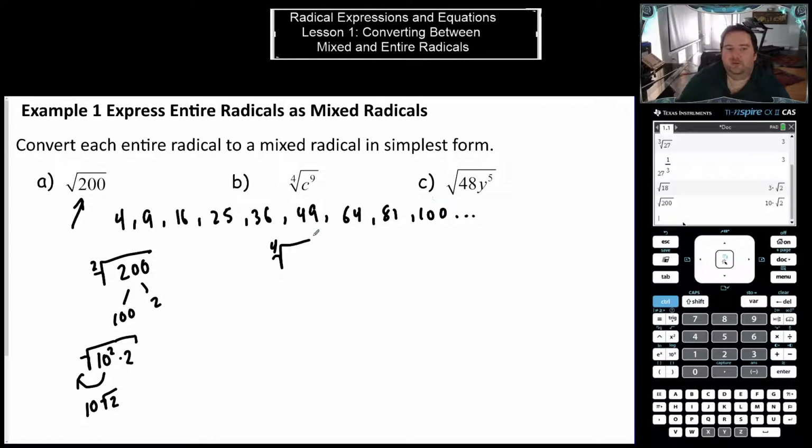If I have c to the power of 9, how could I break this down knowing that when I multiply them, they're going to add together? The way that I'm going to do that is I'm going to have c to the power of 4, because I want my index and this to match, just like I wanted my 2, my squared, and the index to match.